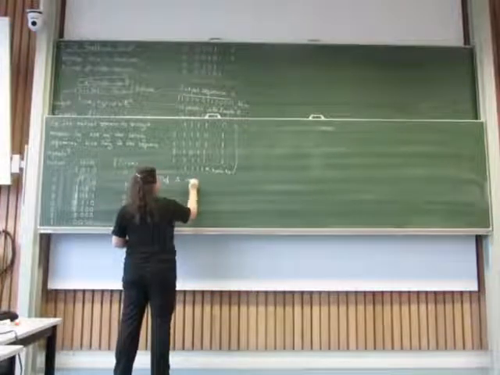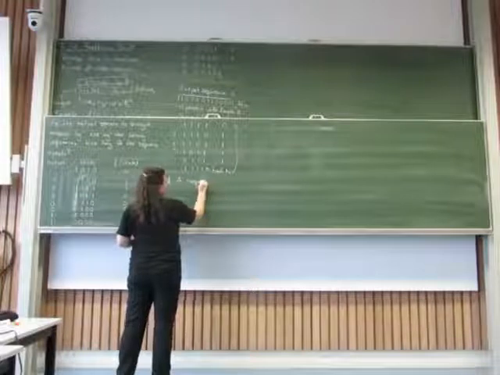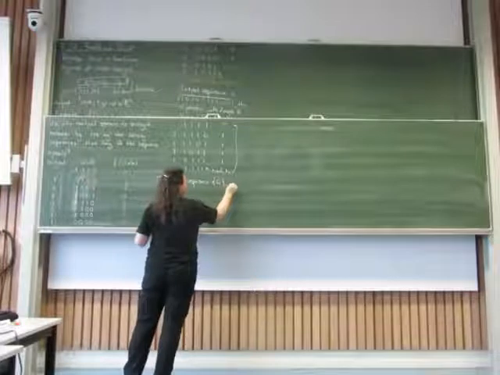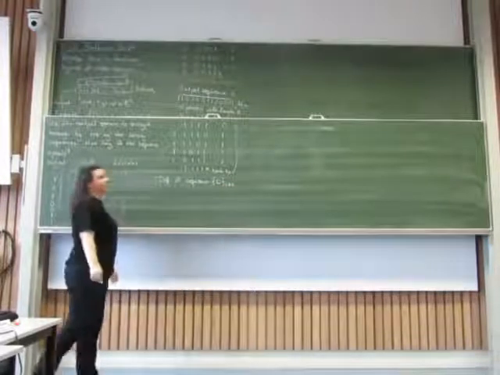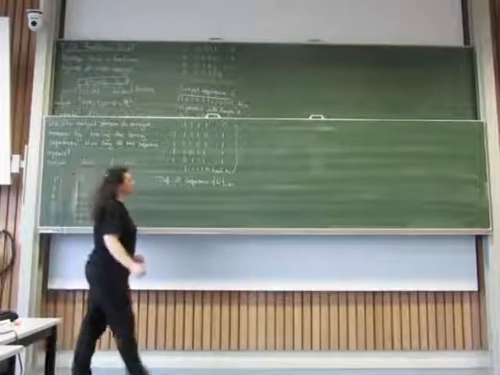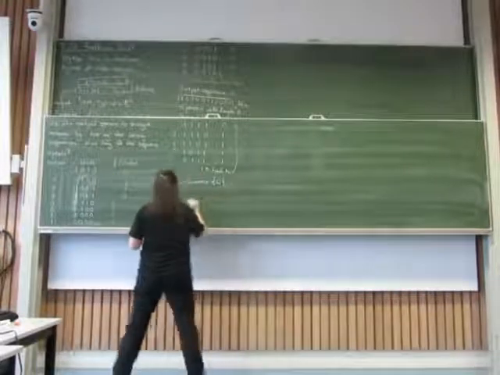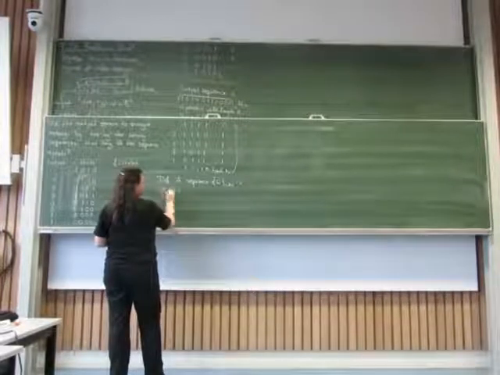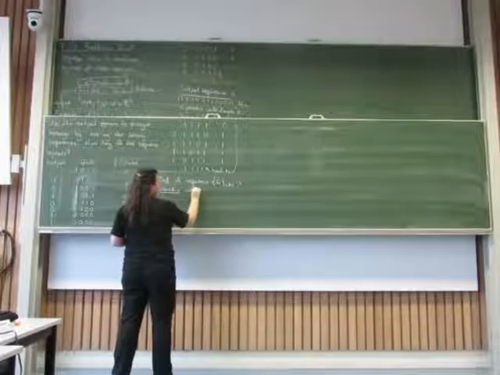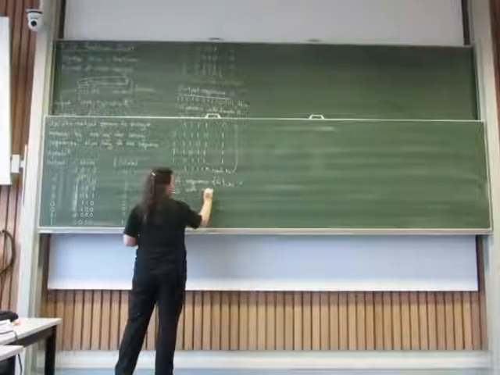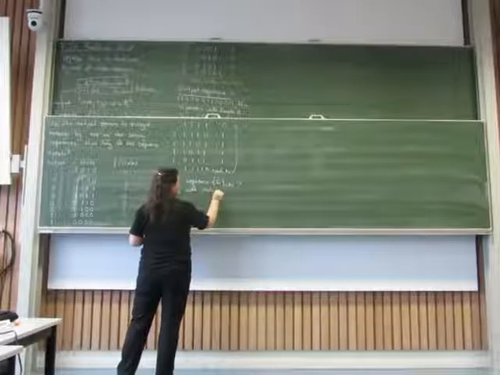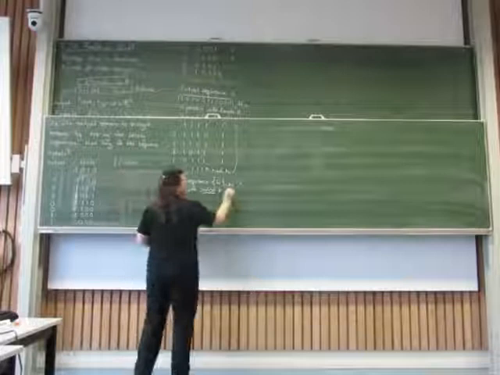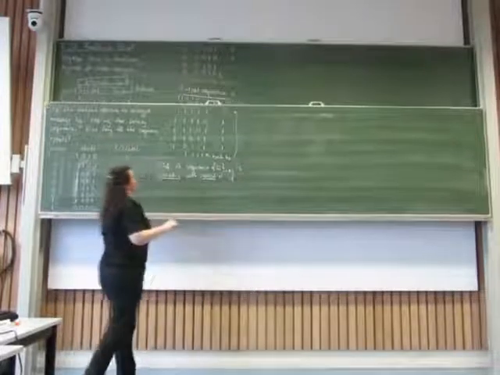If you have a sequence S_i, where i usually starts running at 0, this thing is called periodic, and it's called the period R. So what we want is that this thing repeats.